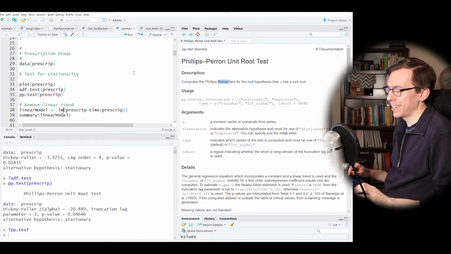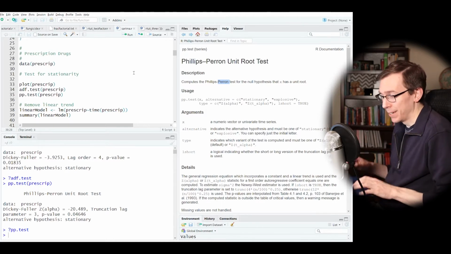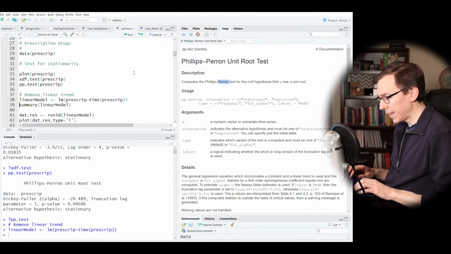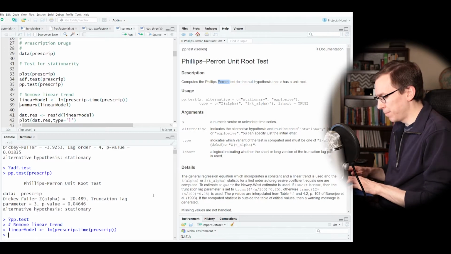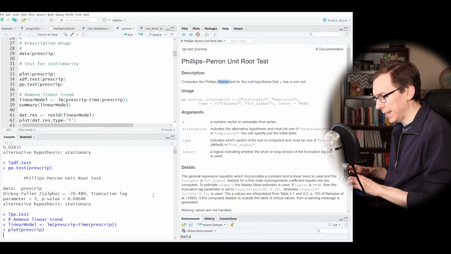So what I'm going to do here is fit a linear model to my data, the prescription drugs data, just using the lm function like we would in regression class. And I tell it that my response is the time series itself, and the predictor is just the time. And actually, let me plot the prescription data again so you can see what we get.